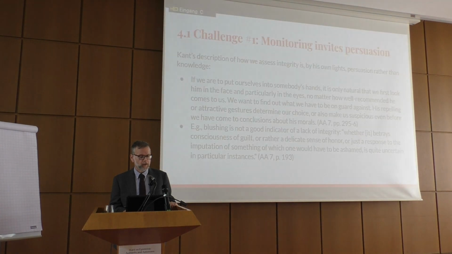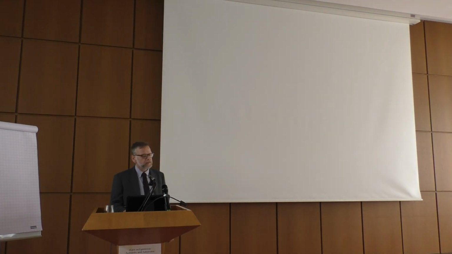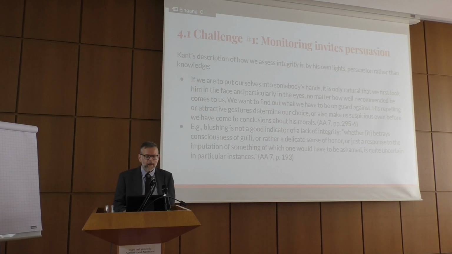Similarly, Kant's description of how we assess integrity is, in fact, by his own light, persuasion rather than knowledge. And here there's actually stronger evidence for this. When he talks about how we assess integrity, he says, this is a quote, if we are to put ourselves into somebody's hands, it is only natural that we first look him in the face, and particularly in the eyes, no matter how well recommended he comes to us.